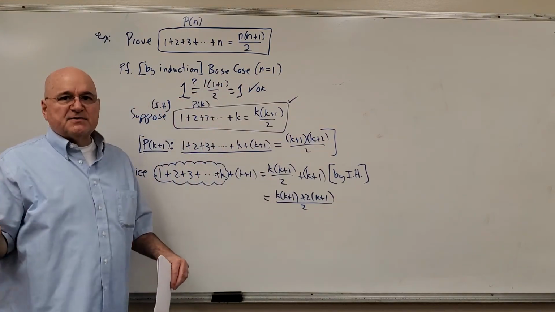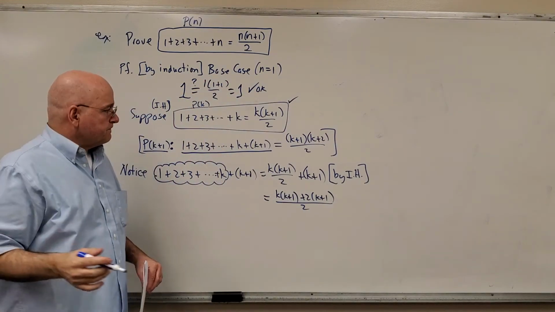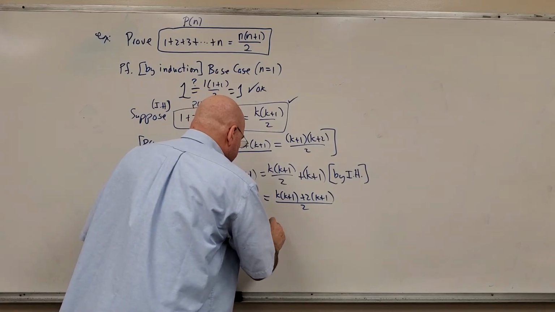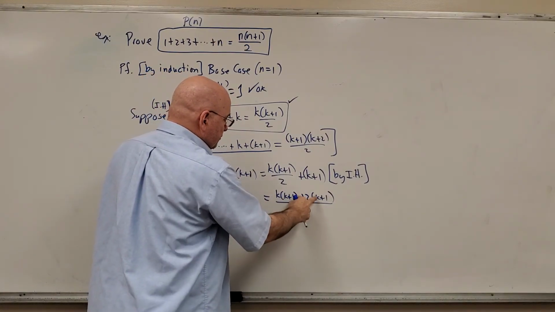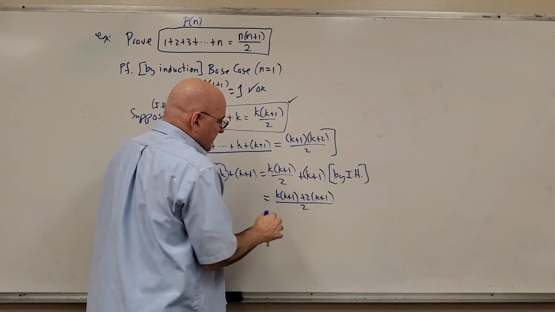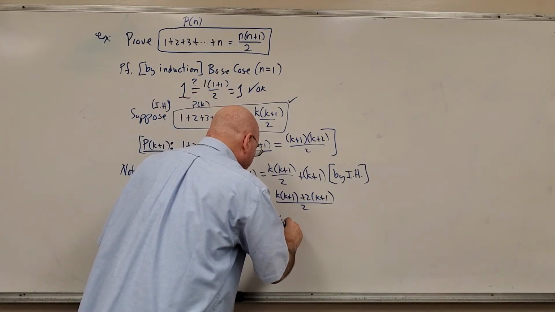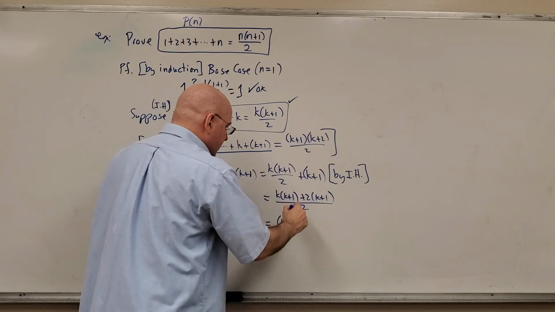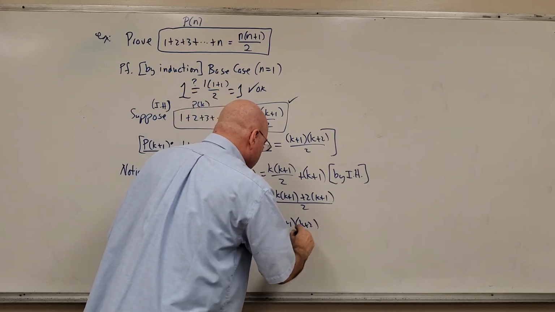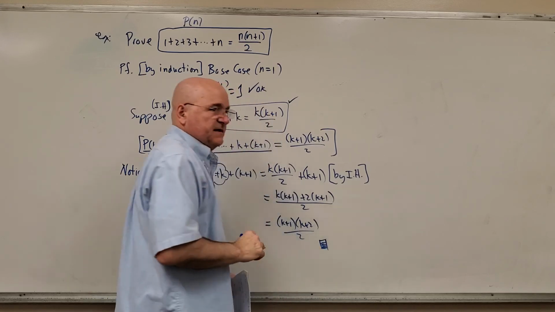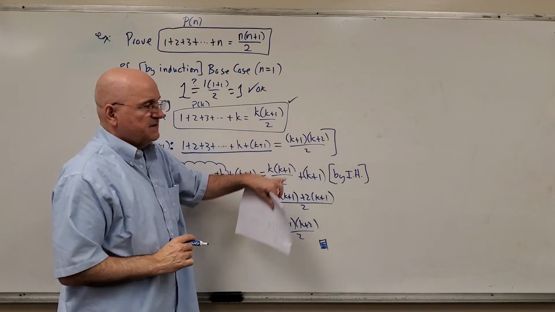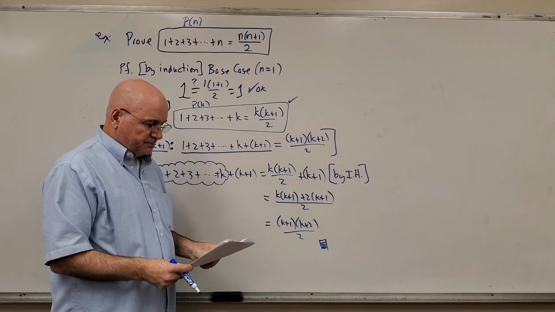All I did there is get a common denominator and write it as one fraction. And that's equal to, well, notice this is a sum of 2 products, and each one of them has a factor of k plus 1, so I'm going to pull that out. It leaves us with k plus 2 over 2, and that's the end of the proof. That's exactly what we needed to come up with.